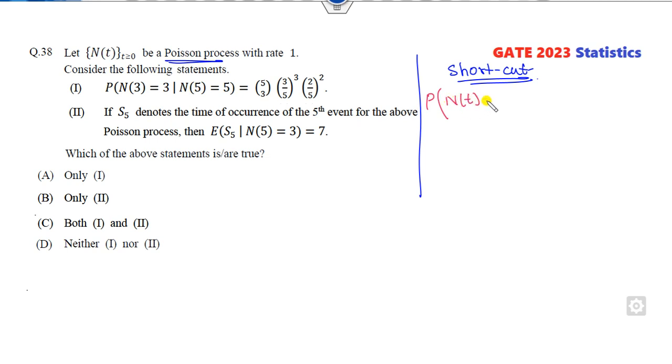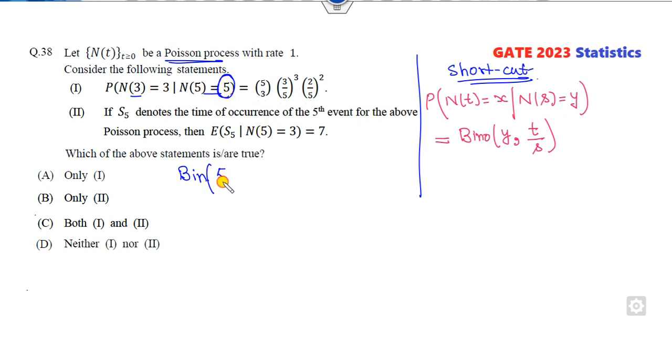What is the shortcut trick for you? Always remember, if this condition, say N(s) is y, it always follows the binomial distribution with the parameters n and p is t over s. So based on this, if you compare, this part will follow the binomial distribution with parameter n, this is y, 5.